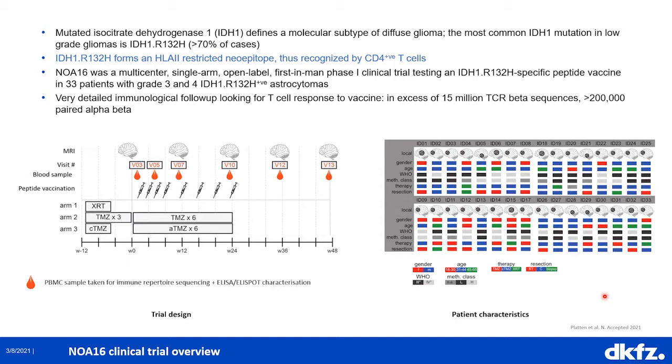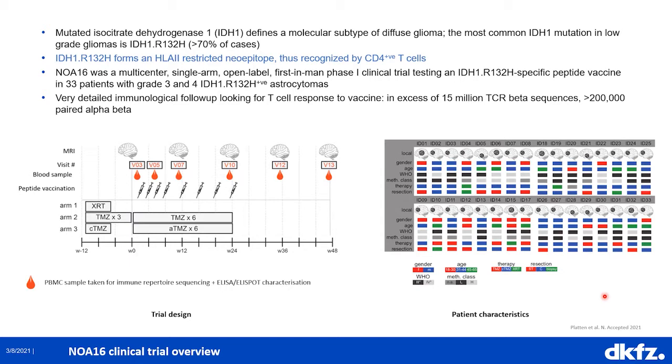And this mutation leads to the creation of a neoepitope, which is CD4 restricted, so on MHC2, HLA2. Our previous preclinical work had shown that vaccinating mice against this epitope was quite successful. So the NOA-16 trial was a multi-center, single-arm, open-label, first-in-man trial.